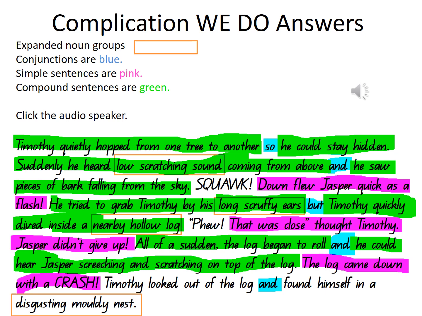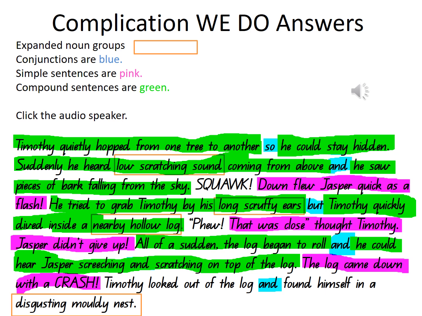So the next part of a complication is the events leading up to solving the problem. We don't solve the problem just yet. We just have some things that the main character does to try and solve the problem. Pause to see if you can find those events. All right, so did you figure out what they were?